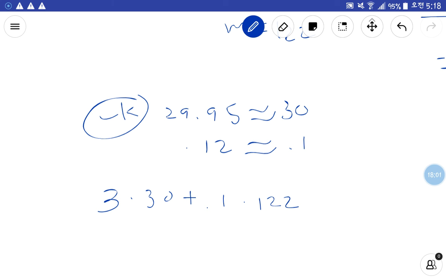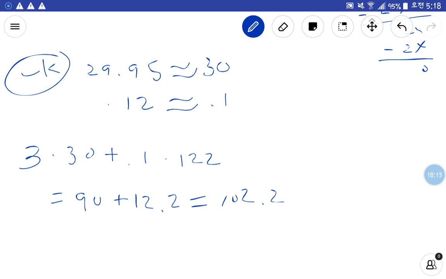If you do that, that will be 90 plus 12.2, which is around 102.2. Is that number close enough to 104.49? That was his bill. Yes, it is. So I can make sure that our answer, 122 miles, is reasonable.